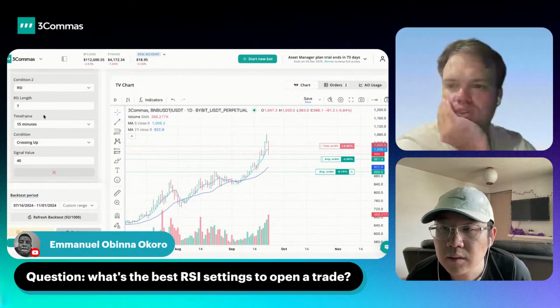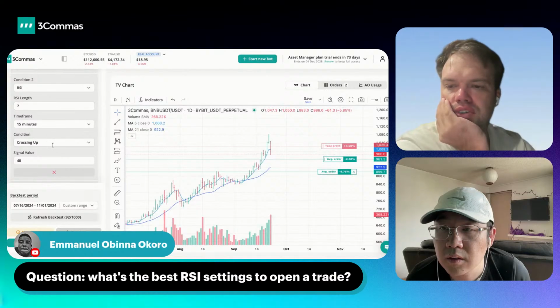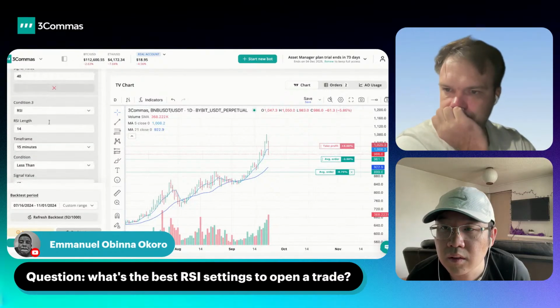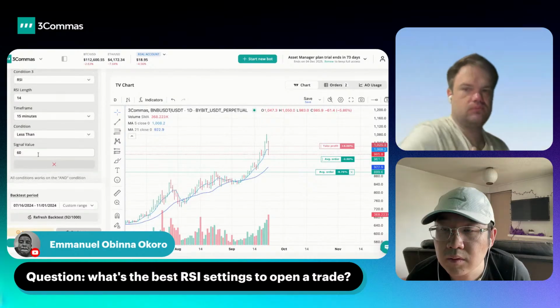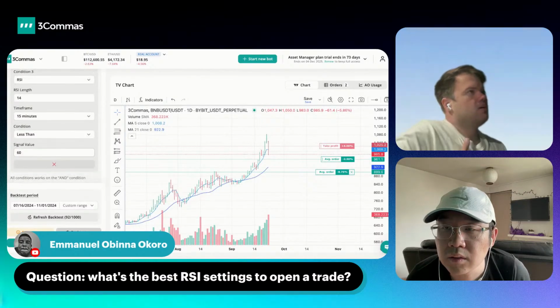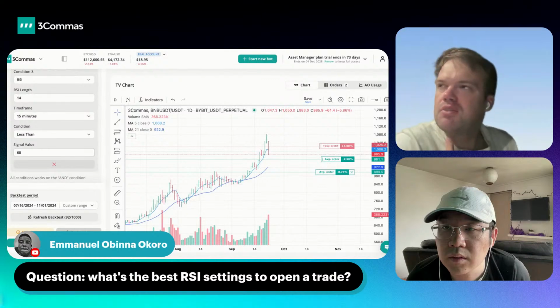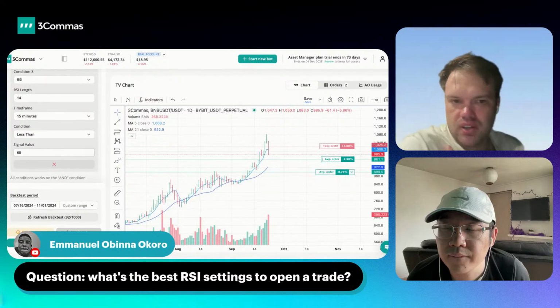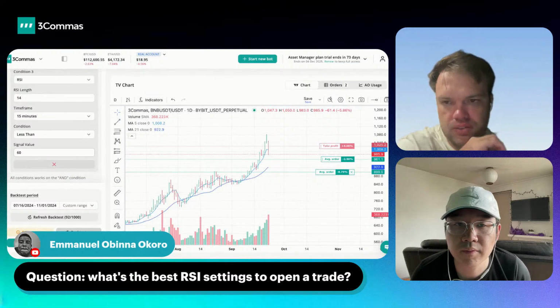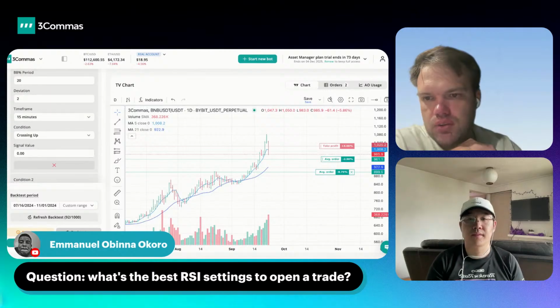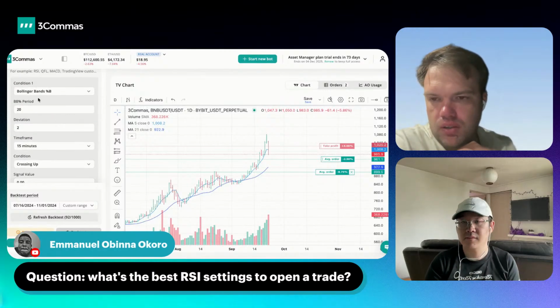So we had RSI 7, 50 minutes crossing out 40. RSI 14, less than 16. Despite the fact that we're using RSI here, I do personally think that RSI is good with just Bollinger Bands, and I do remind you guys that we are using Bollinger Bands here as well.